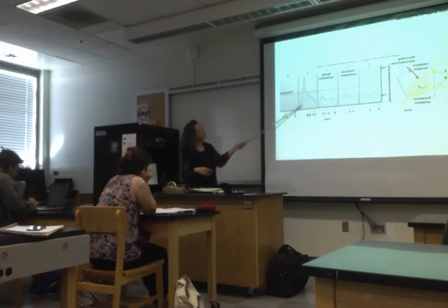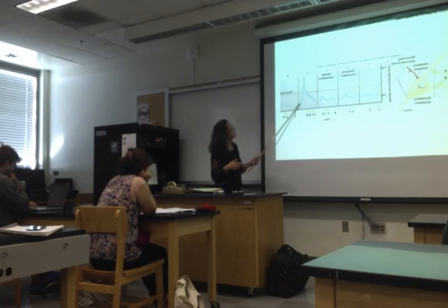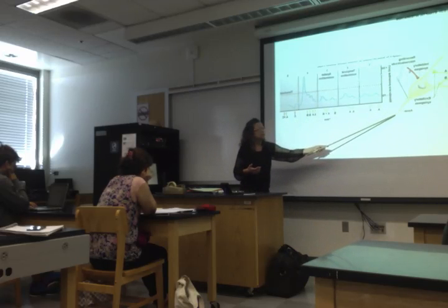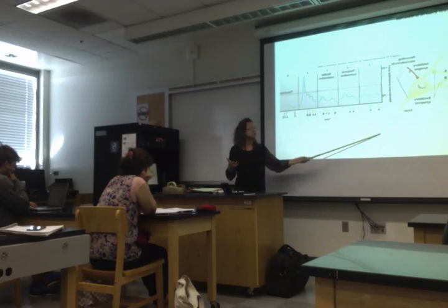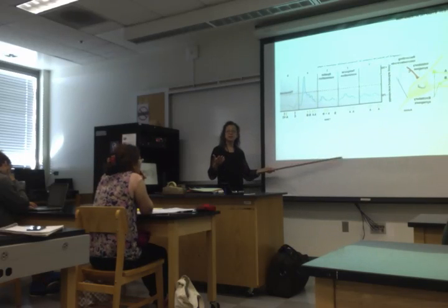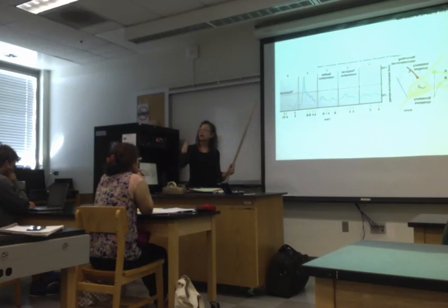So, boom, we create our action potential using our voltage-gated sodium and voltage-gated potassium ion channels, right? And we make our action potential, and of course it continues down the axon. Once you create that action potential, we already know that an action potential is all or nothing.